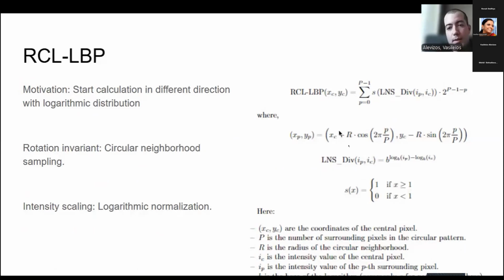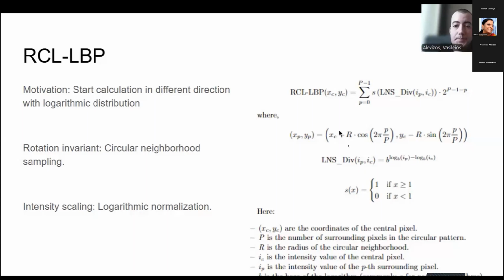Moreover, we address intensity scaling by incorporating logarithmic normalization with logarithmic number systems, and this normalization manages variations in lighting and intensity scaling, making the descriptor robust to changes in illumination.